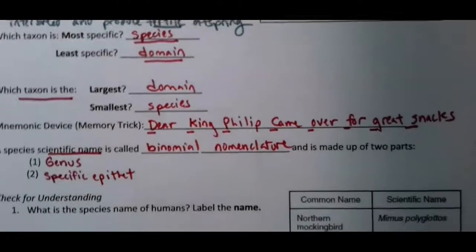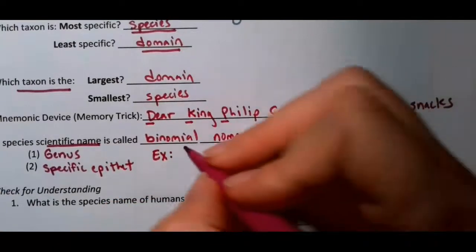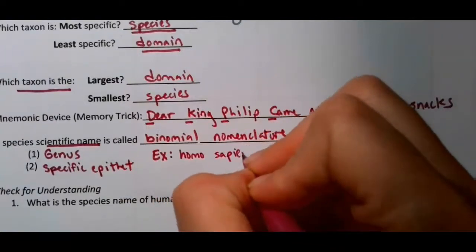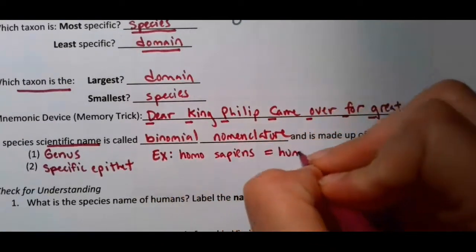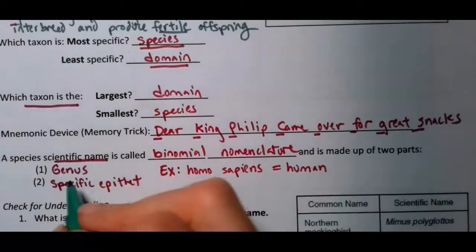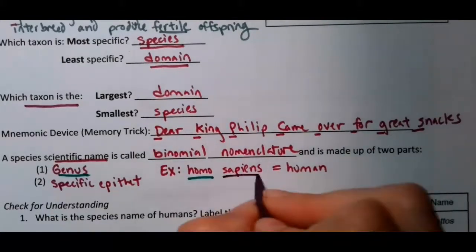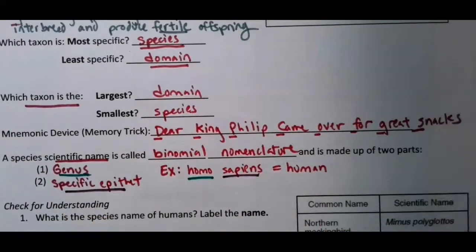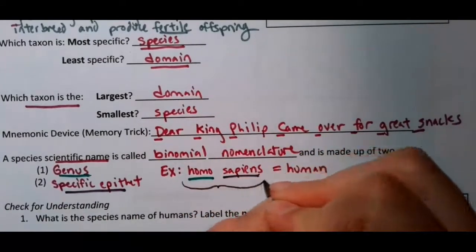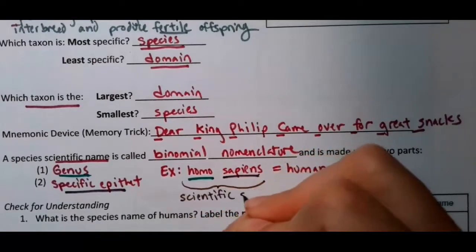So when you look at an example here, the scientific name for humans is Homo sapiens. So if you hear the word Homo sapiens, you're like, okay, that's human. Homo is the genus name. Sapiens is the specific epithet. And then the entire name is known as its scientific species name.